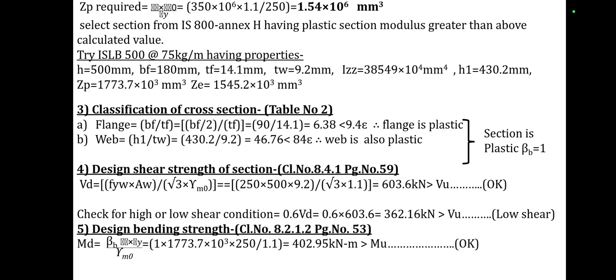Note that the Zp of the section which we have selected should be written in the formula, not the value of Zp required, and into fy is 250 divided by gamma m0 is 1.1. Hence our value of Md is 402.95 kilonewton meter, which is greater than Mu. Hence our beam is safe in bending.